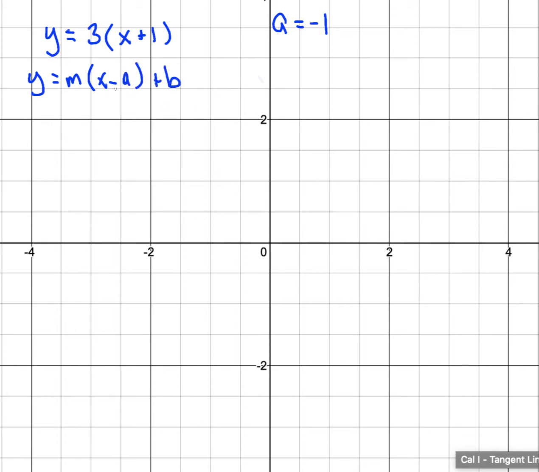Right? So our a, since this is subtraction and we want addition, a would have to be -1. We have no b, so b is 0, and our slope, m, is 3. Again, what is that? That's the change in y over change in x, which tells us that the change in y is simply 3 times the change in x.